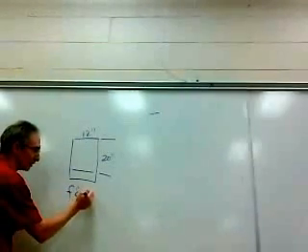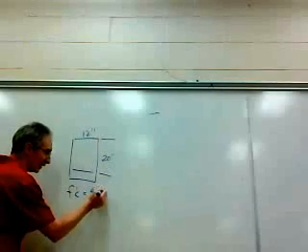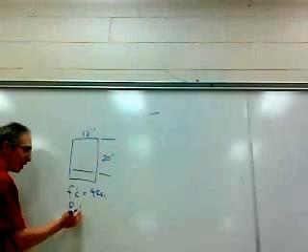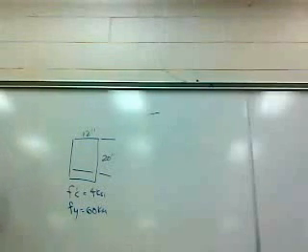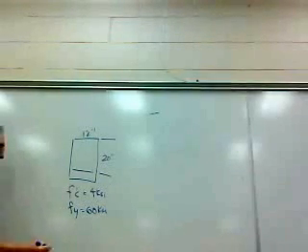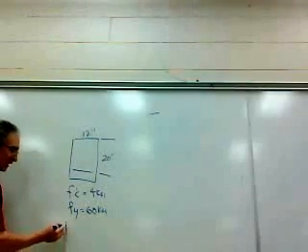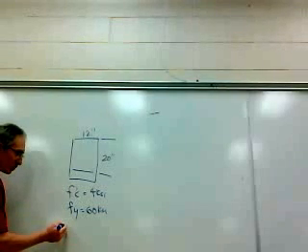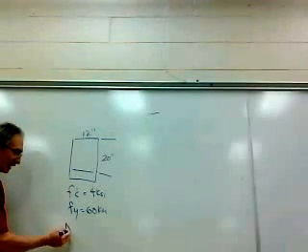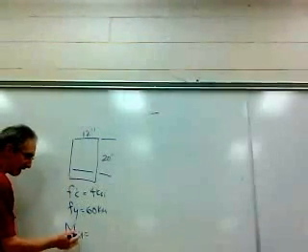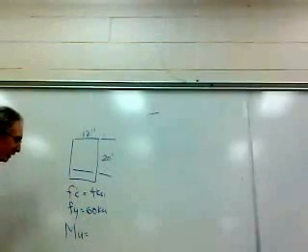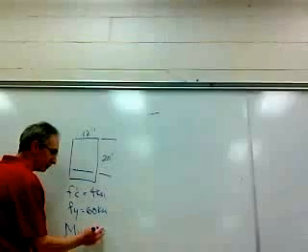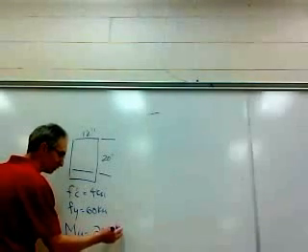Say it has an F prime C of 4 KSI, an FY of 60 KSI, and it's supposed to carry a factored moment MU of 200 foot kips.